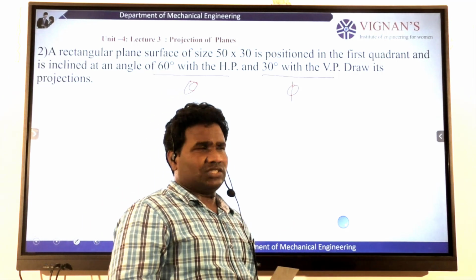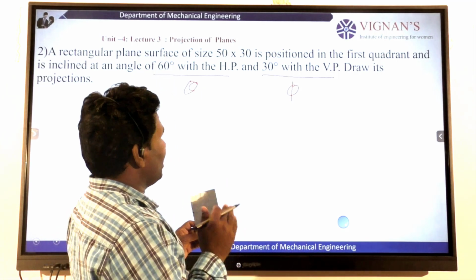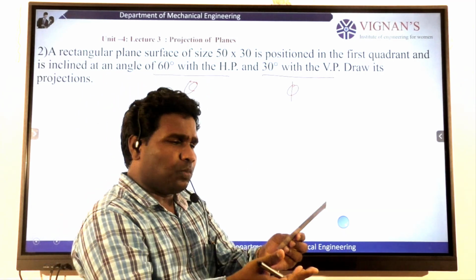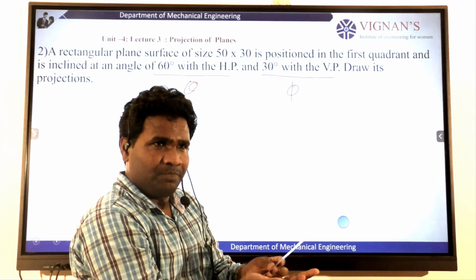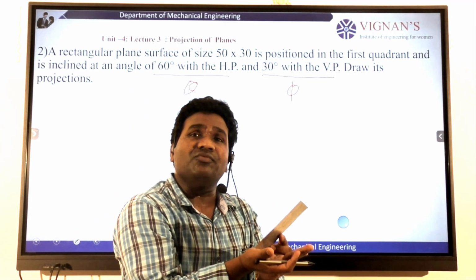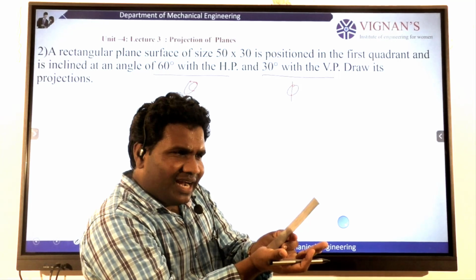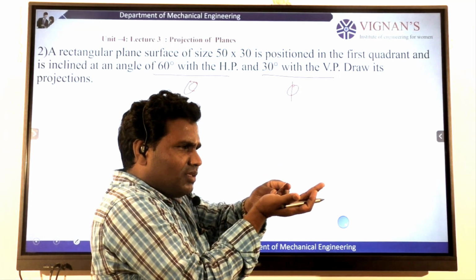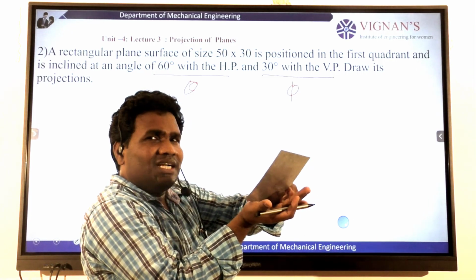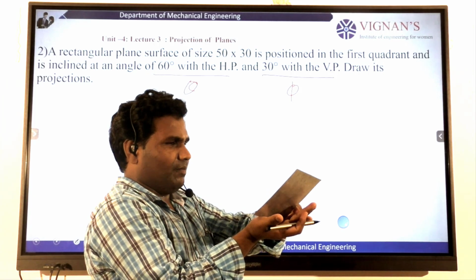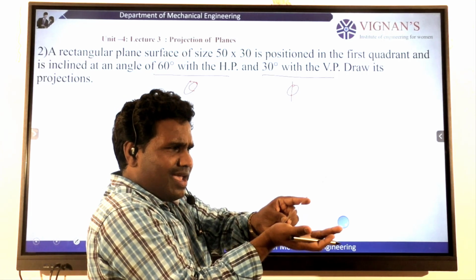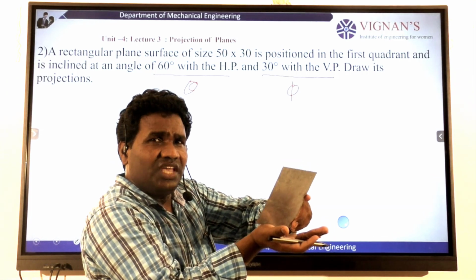In this class, we will solve this problem. A rectangular plane surface of 50 mm by 30 mm is positioned in the first quadrant and is making an angle of 60 degrees with the HP, and the same plane is making another angle of 30 degrees with the VP.